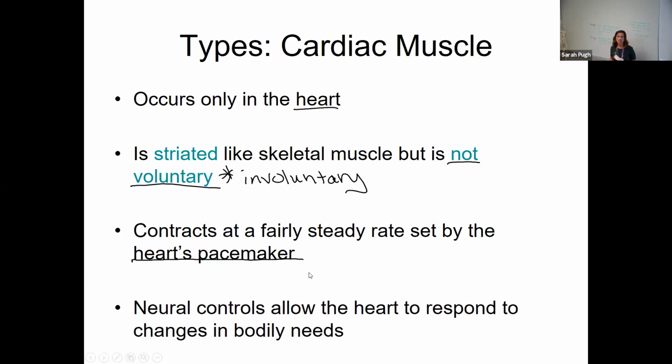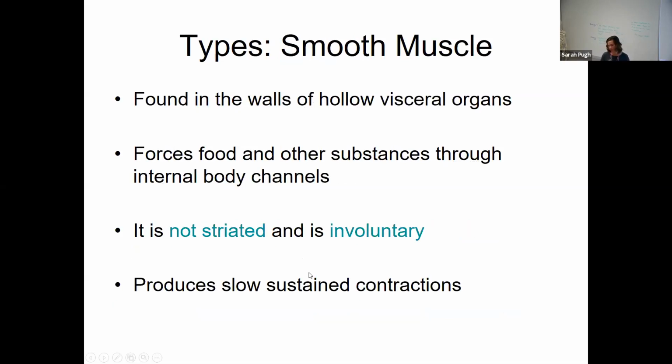One change you're going to make is you're going to start breathing faster, right? Let's get rid of that CO2. The other change you're going to make is your heart is going to start pumping faster. It's going to beat faster to help get oxygen to your muscles faster. So your heart is also under nervous control as well.